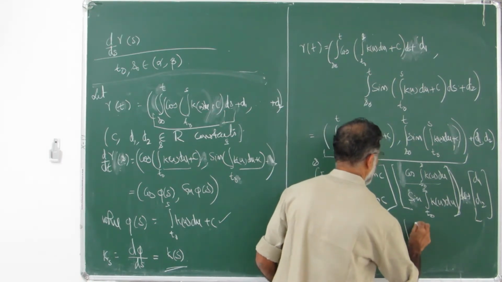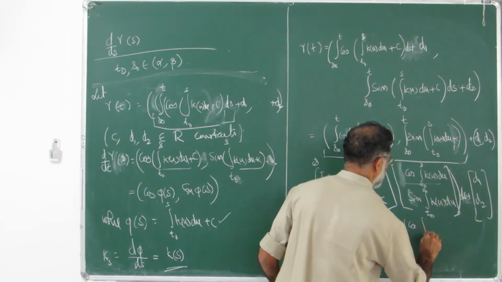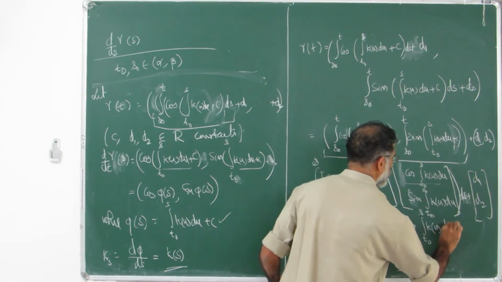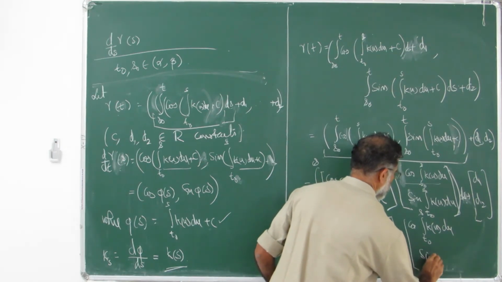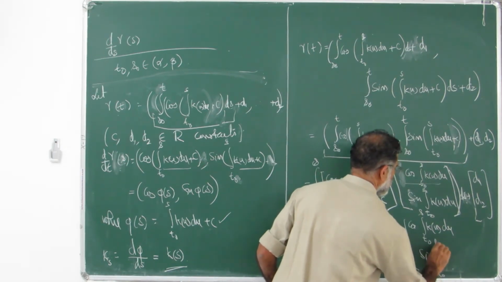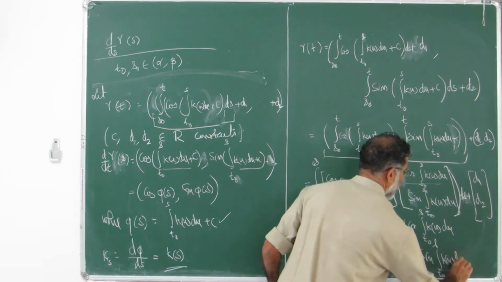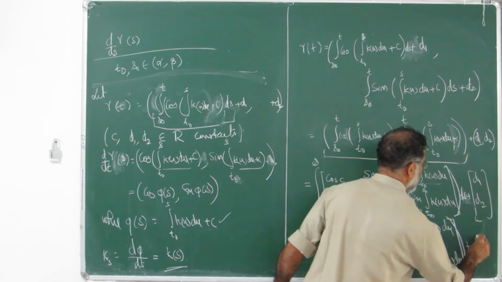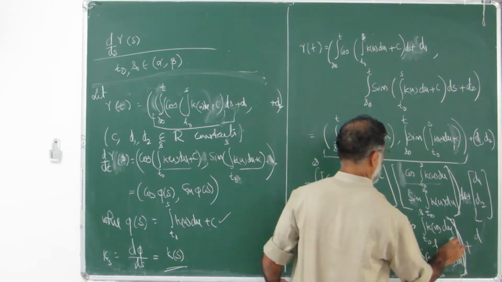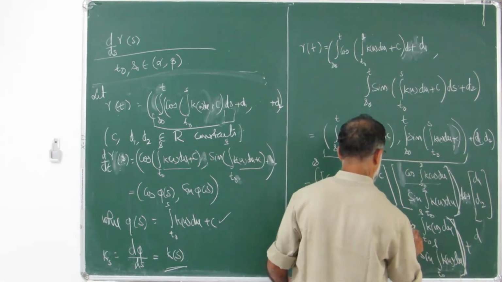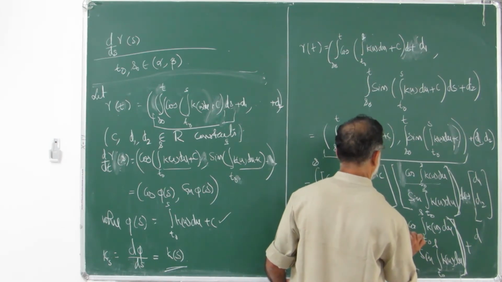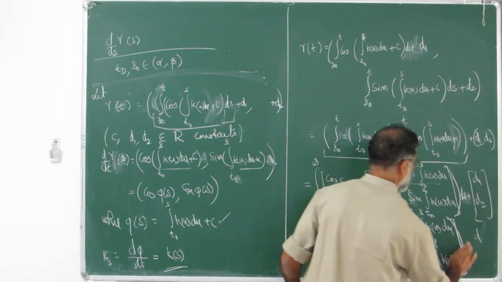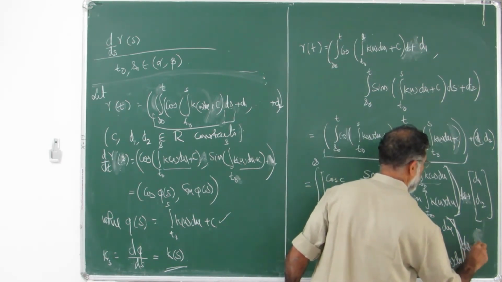Thus, cosine integral T0 to S of K(u) du, sine integral T0 to S of K(u) du, plus this and these d1, d2. Of course, here you need integration. There is no doubt. Integral from S0 to S ds plus dt.